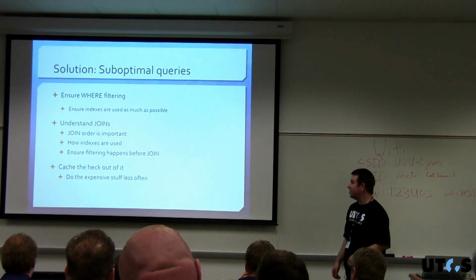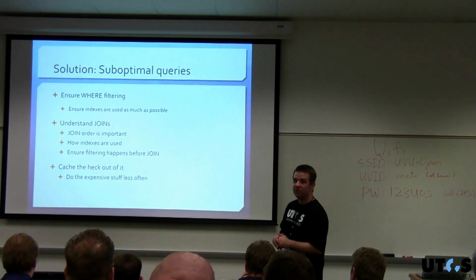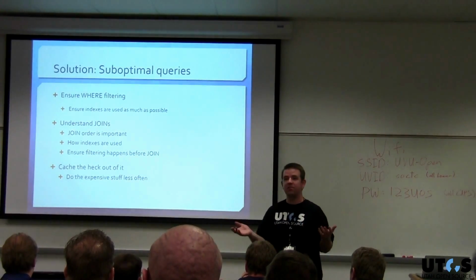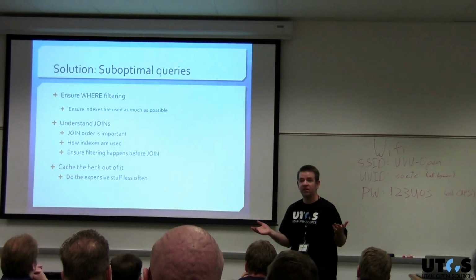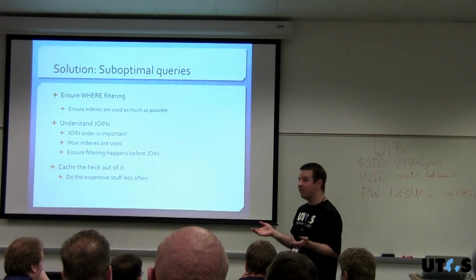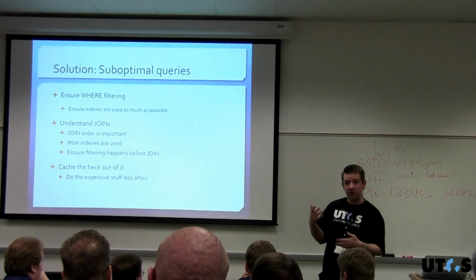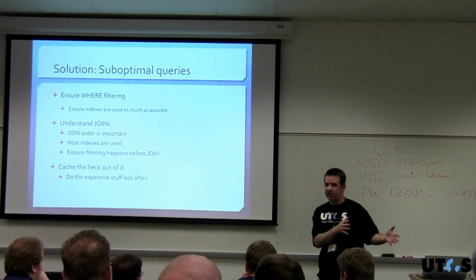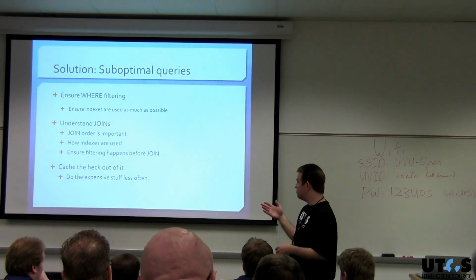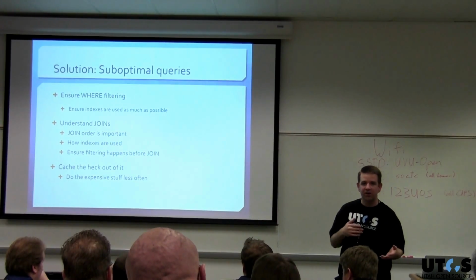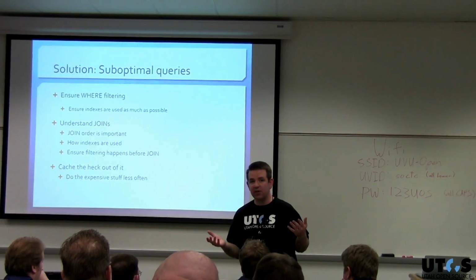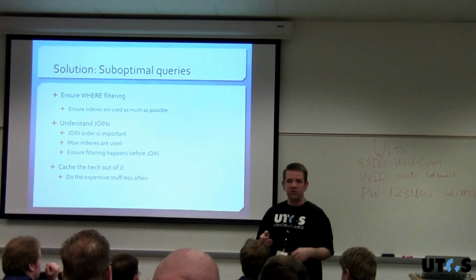And then the other solution that sometimes helps for suboptimal queries is just to cache the heck out of it. Sometimes there's nothing you can do, it's just a bad query and it's going to take 5 minutes to run. I've had that happen. Hopefully, if you ever have that happen, you don't need it very often, or you don't care if it's a little behind. We had some companies who have reports that run every day, and these reports just take a while because they're getting all sorts of information.